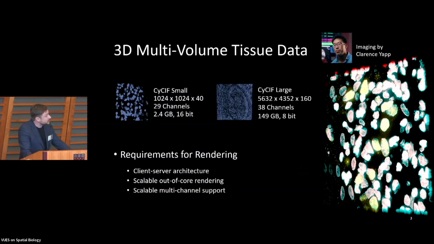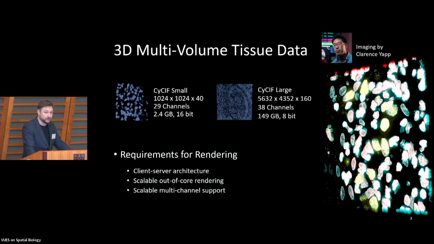One is smaller, around 1,000 times 1,000 times 40 pixels and 2.4 gigabytes in size. And then another one that came later quadrupled in each of the three dimensions and also has more channels. It's a factor of 60 in terms of the gigabyte size.